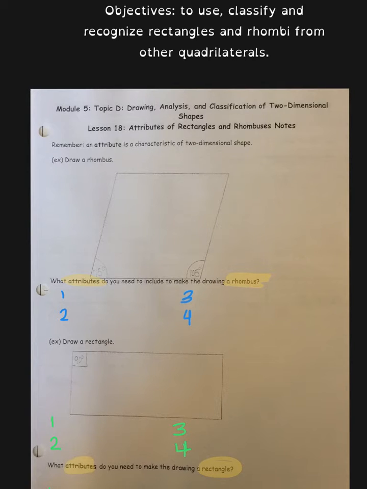All right, for a rhombus, we drew a rhombus for you. Okay, you see the rhombus here. All right, and we already measured what these two angles are. So I want you right now to tell me and draw on your paper what the opposite angle measurement would be.